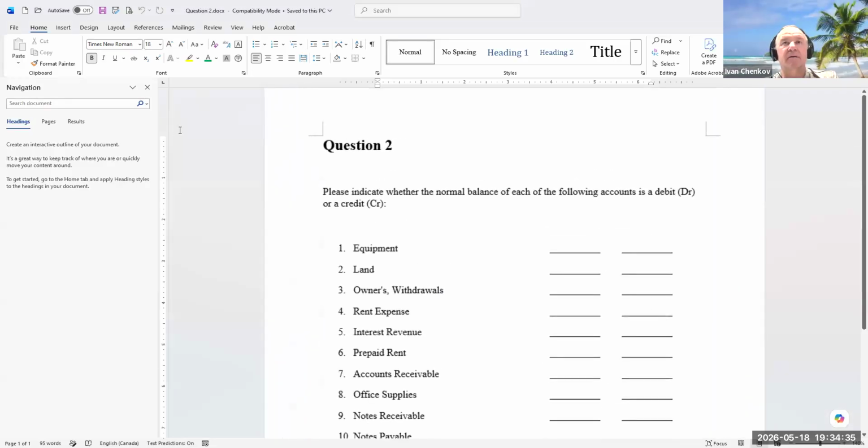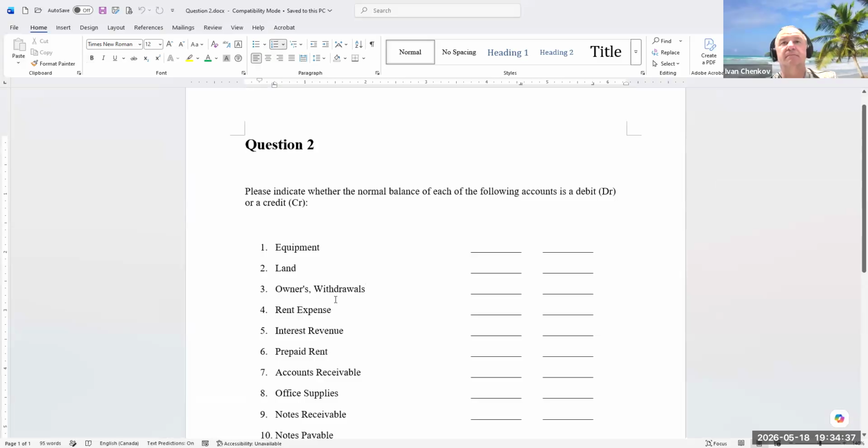Let's make it bigger. So first thing we have to do, let's think about it. What kind of account is this? Is it asset? Is it liability? Is it owner's equity? Is it revenue? Is it expense? And is the normal balance debit or credit?